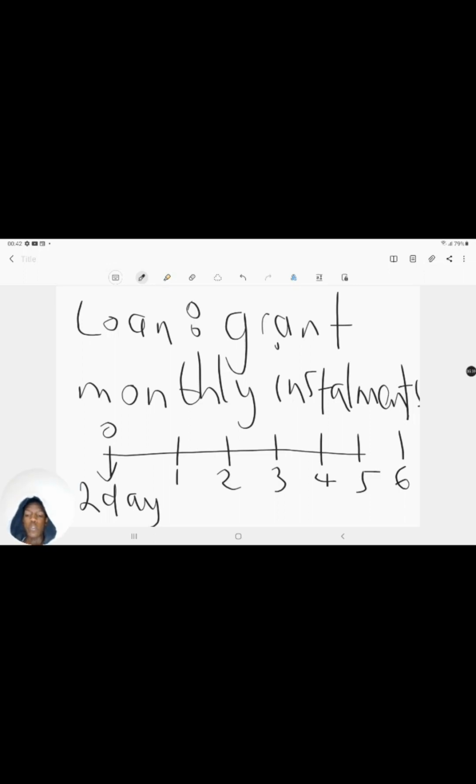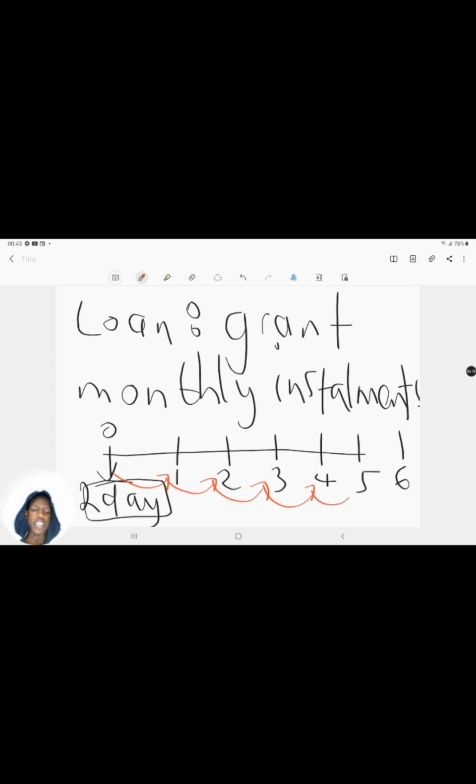So if you borrow money today from a bank, you'll usually start paying off the money at the end of the first month. You could have a discussion with the bank and have an agreement to start paying back the money, say 2 or 3 months later. But usually the default is you start paying back the money at the end of the first month, and you pay it every month after that.